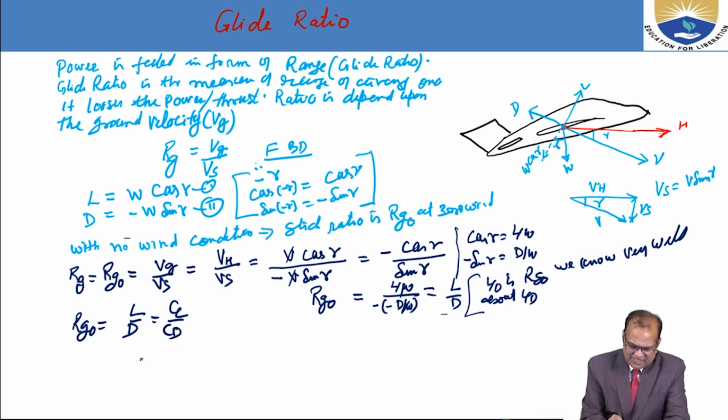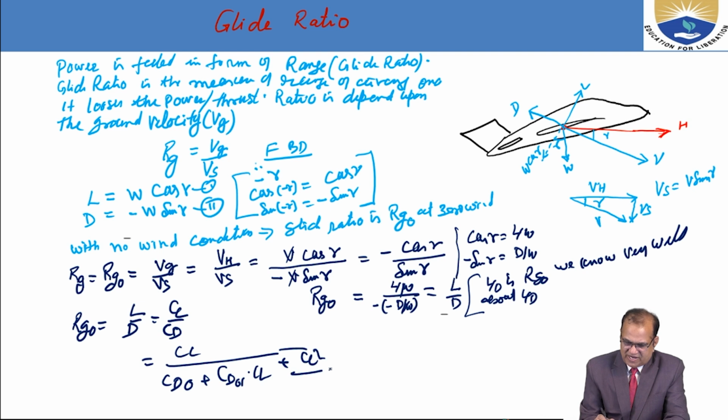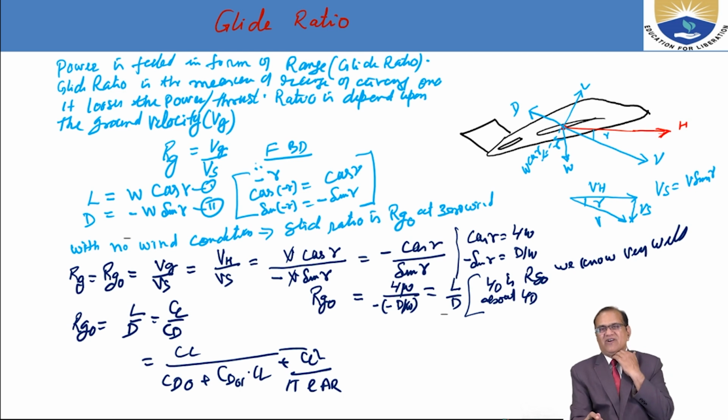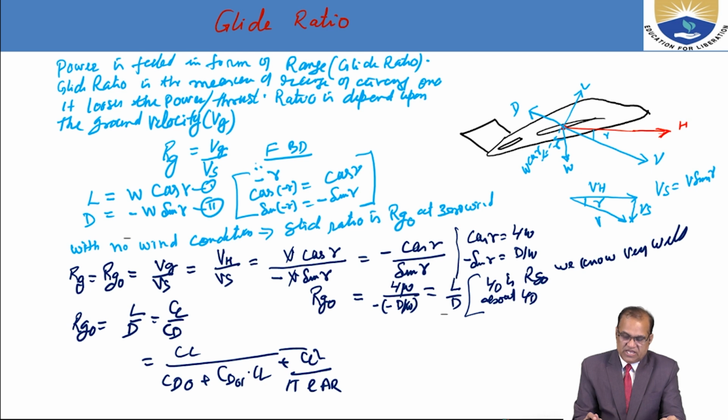We can further write CL divided by CD naught plus CD naught L into CL plus CL square divided by pi E aspect ratio. You remember that we have already drawn this equation earlier.